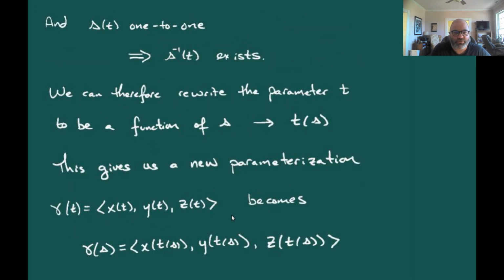Because it is a one-to-one function, our inverse exists, and we can rewrite our parameter t to be a function of the arc length s. Now, this new parameterization would look like gamma of t, instead of being x of t, y of t, z of t, then becomes gamma of s being x of t of s, y of t of s, and z of t of s.